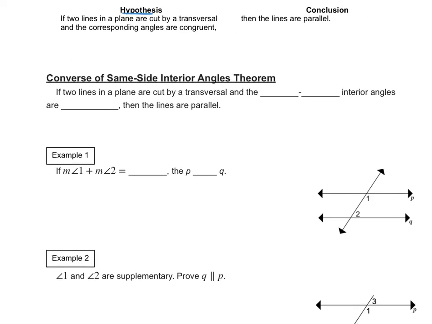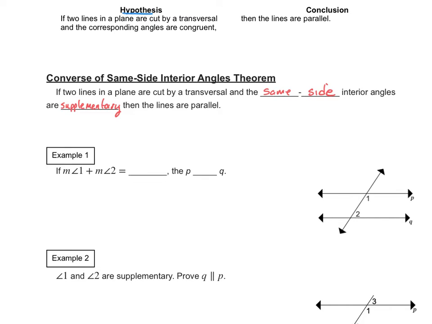Looking here, the converse of the same side interior angles theorem is: if two lines in a plane are cut by a transversal, so we have these two lines in a plane cut by a transversal, and the same side interior angles are supplementary, then the lines are parallel.